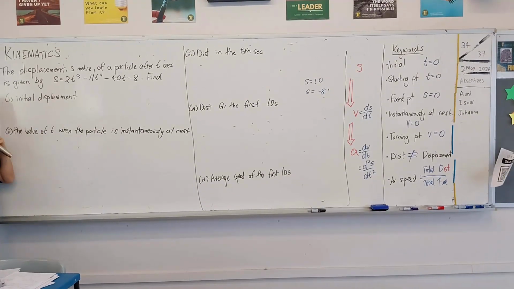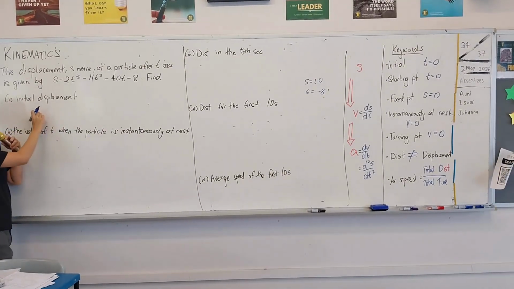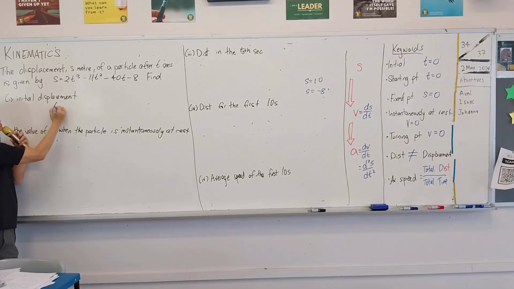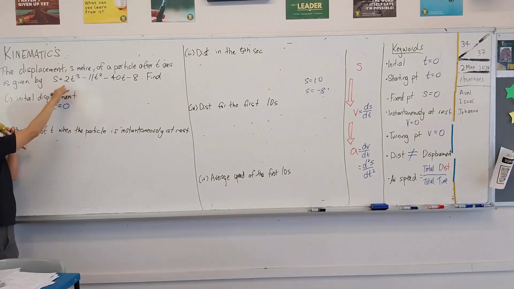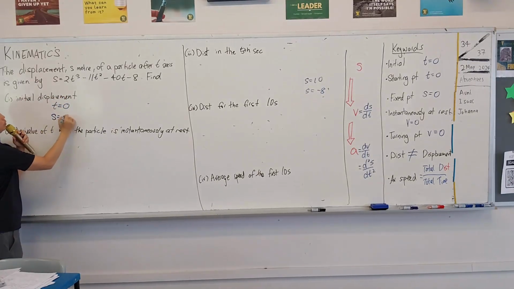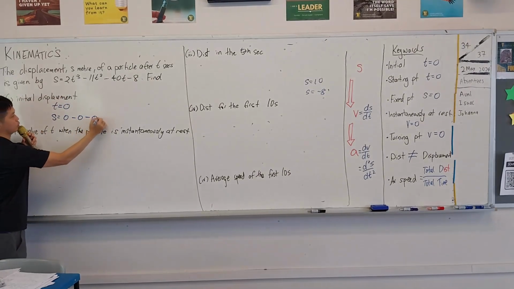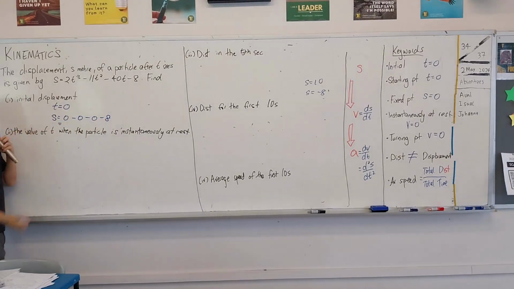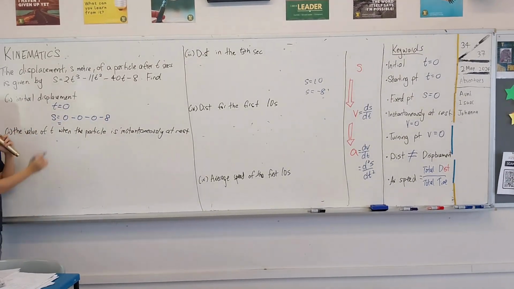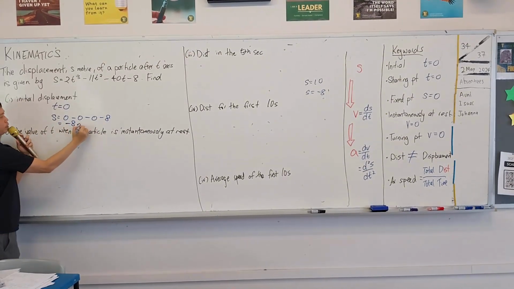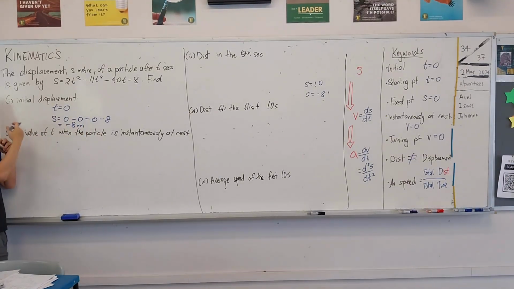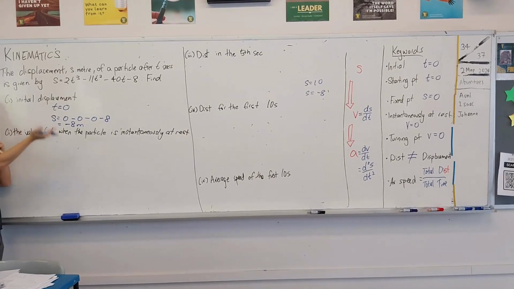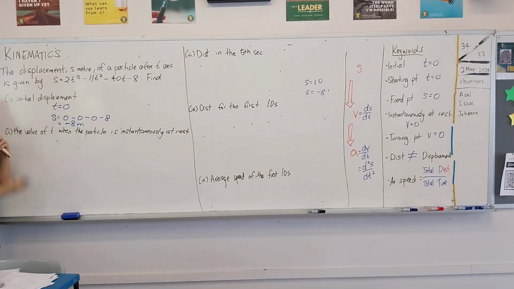So just let t equals 0. When t equals 0 and I substitute here, s equals 0 minus 0 minus 0 minus 8. And the answer is negative 8 meters. Now what does this mean? This means that it will be on the left side of the fixed point.